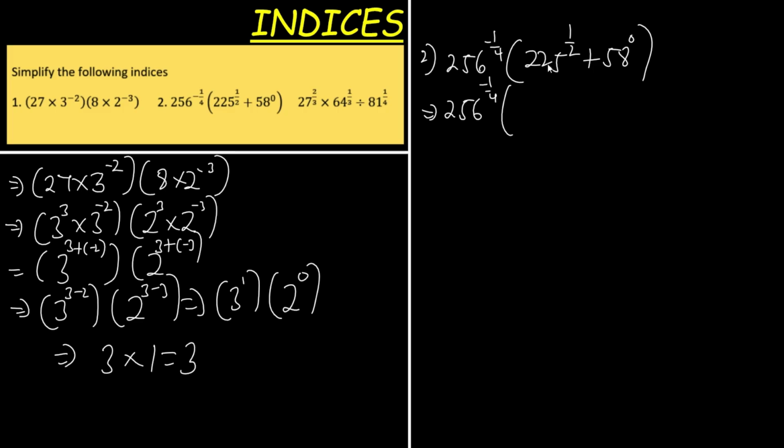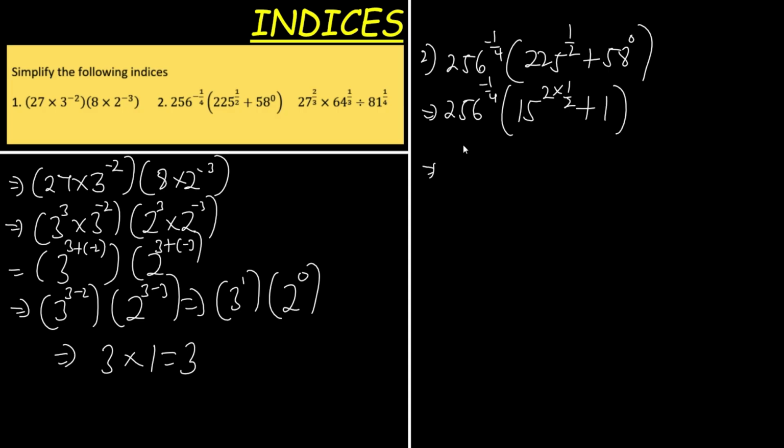Either you find the square root of 225, or you express 225 in such a way that the number will have an index equal to 2. So we know that 15 squared is the same as 225, but already this 1 over 2 is there. So (15 squared) raised to the power 1 over 2 plus 58 raised to the power 0, and as I said earlier, any number raised to the power 0 is 1. So here I'm going to have 1.